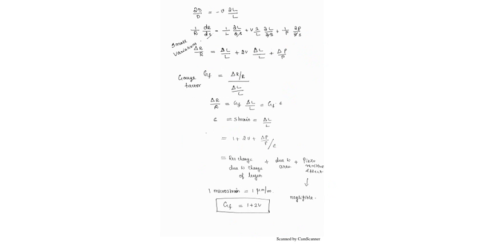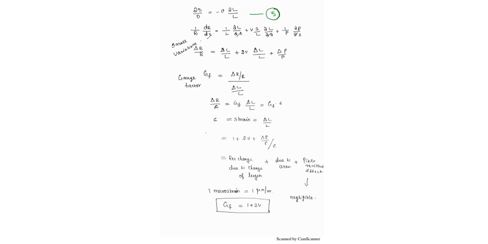From this expression, I find ∂D by D, which gives minus v into ∂L by L. I am substituting those values in the previous expression, that is my equation 3.